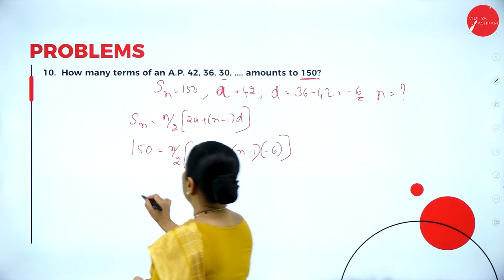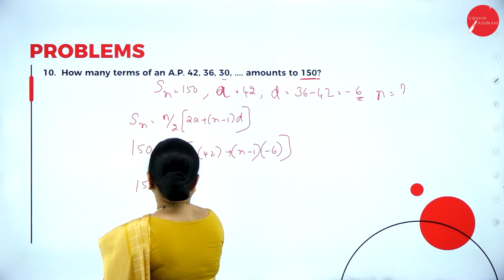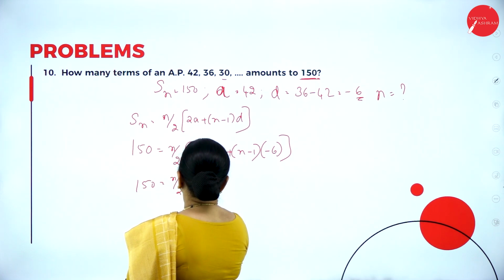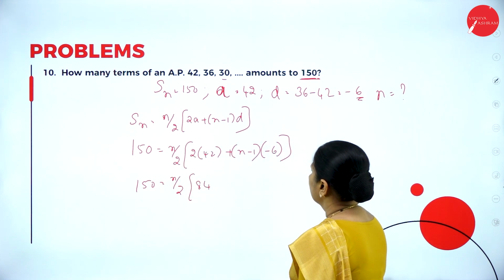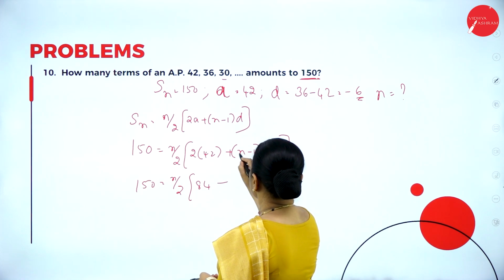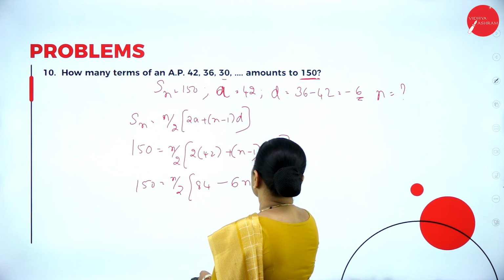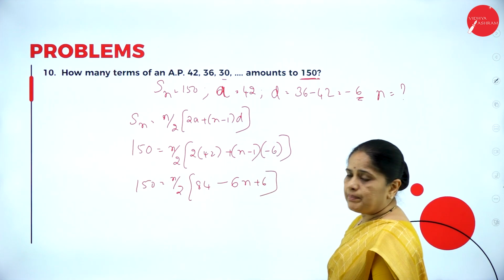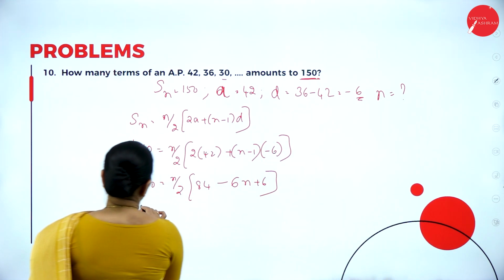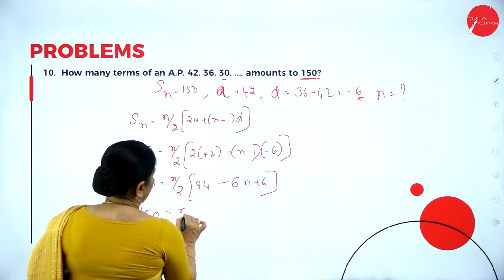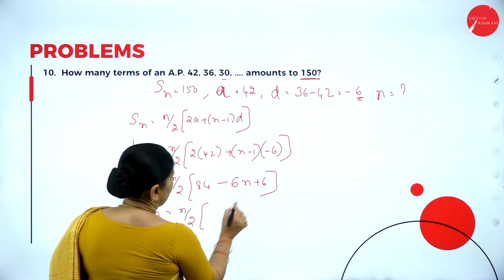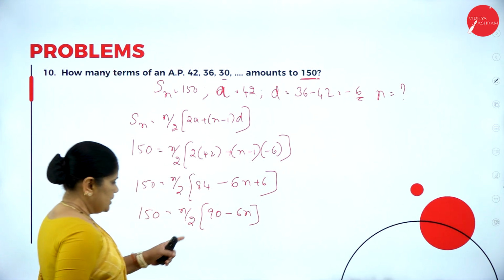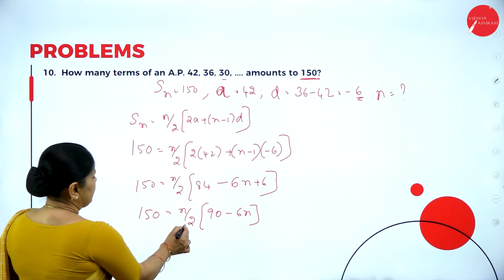Now 150 equals N by 2 into 2 times 42 is 84, minus 6 into N minus 1, that is minus 6N plus 6. When we simplify this, 150 equals N by 2 into 84 plus 6 is 90 minus 6N. This 2 I will just multiply here.